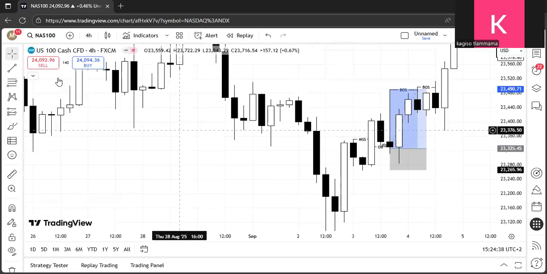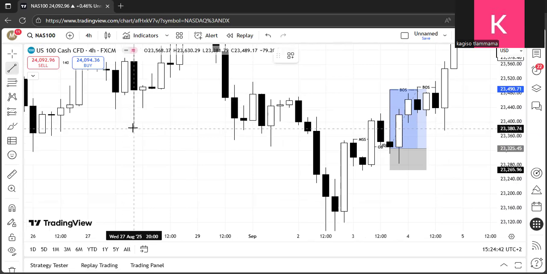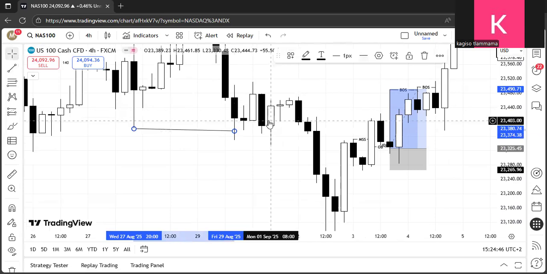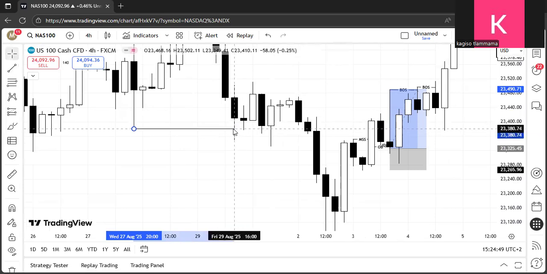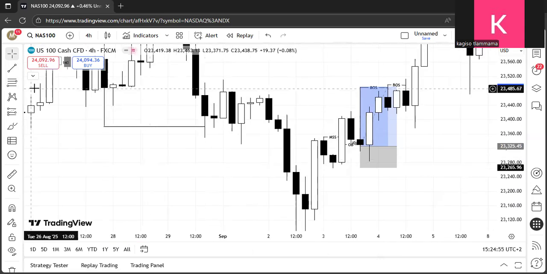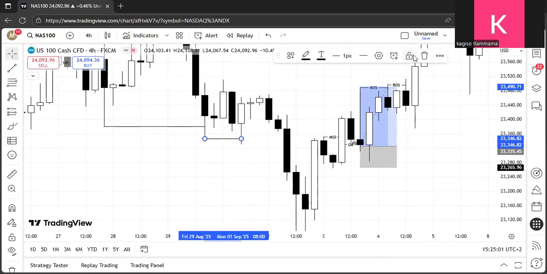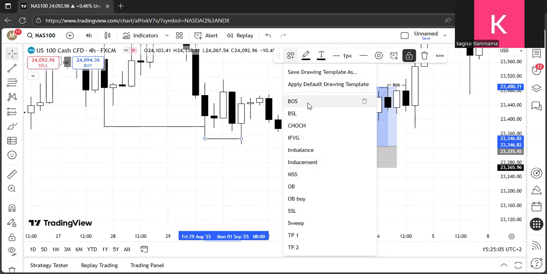Okay, here we have a change of character, right? Here we have a change of character. And then this is our change of character. And here we've got our breakout structure. We have our breakout structure.